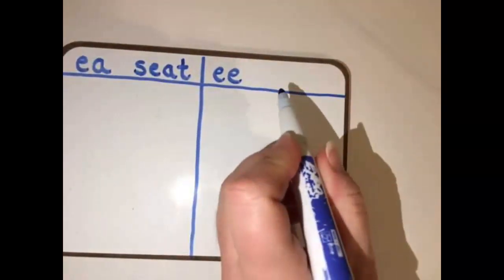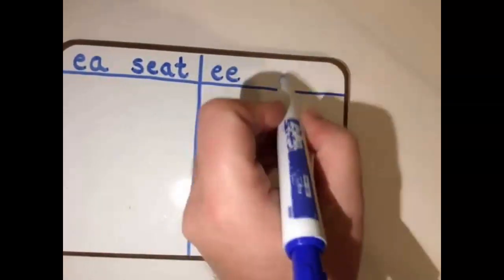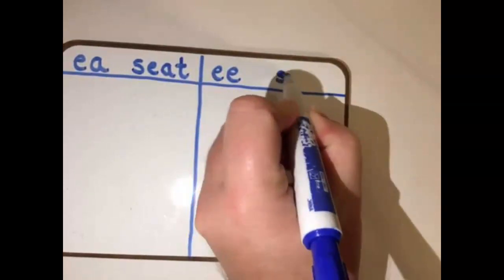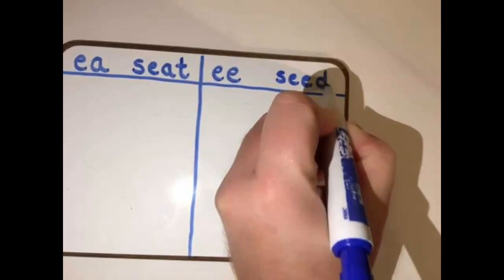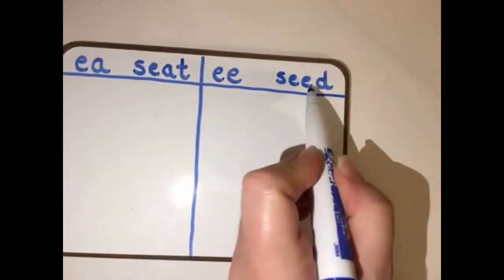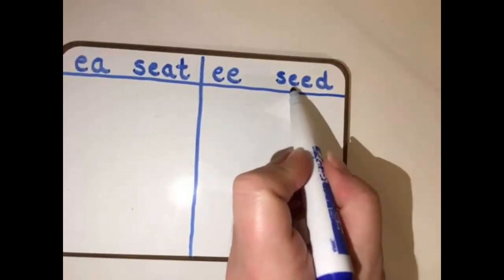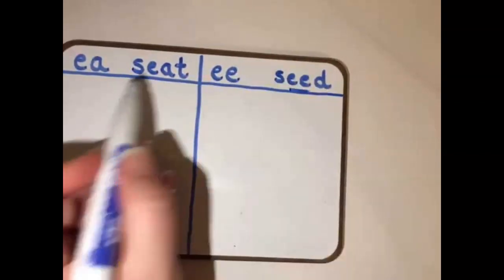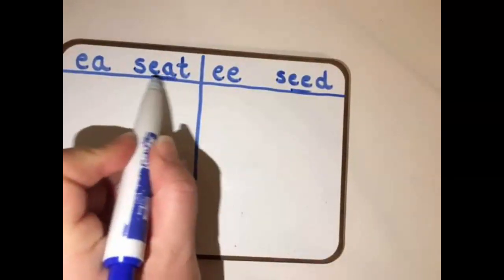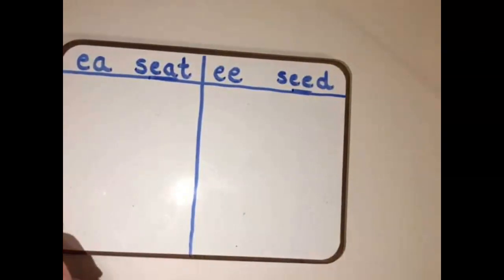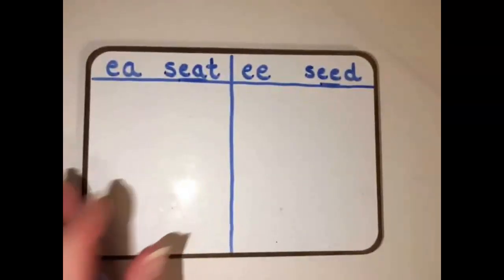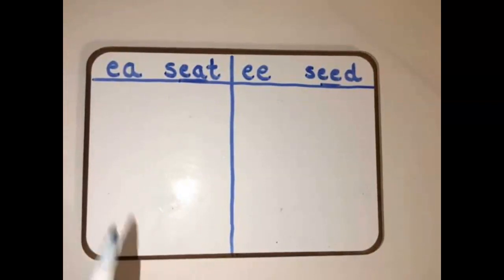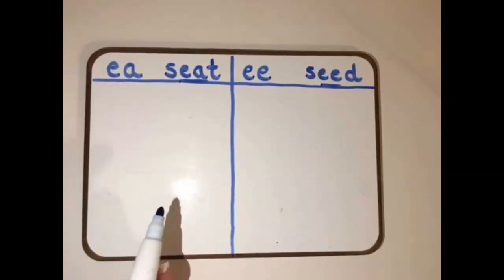If I write seed, I planted a seed in my backyard. Seed. That has two E's in it to make the E sound. So we have two different examples here of how to make the long E sound. If you need to pause the video and catch up writing what you see I've written here, please do.